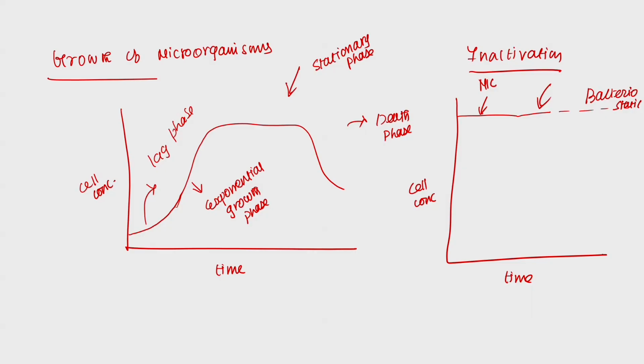When I apply some bactericidal component, a minimum concentration is required to inactivate the microorganism. After that, the cell concentration starts decreasing. This we call the MBC, the minimum bactericidal concentration, right. This is in general about the bactericidal component, but in this course we are going to talk about the effect when I apply temperature as my inhibitory agent.